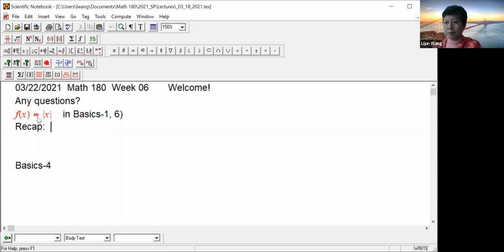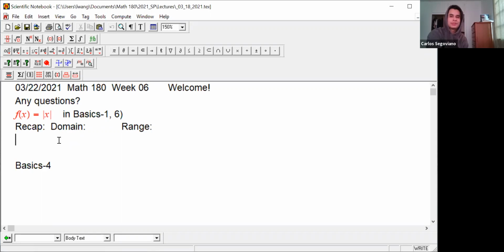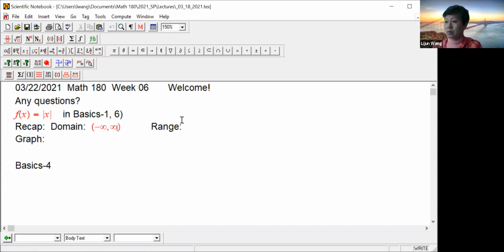Okay, so let's recap. Do you still remember the domain and range? Domain is all real numbers. Very good. And the range is greater than 0. Greater than 0?